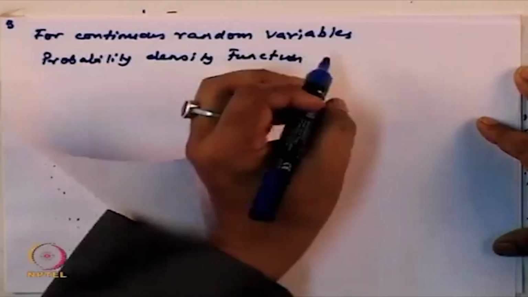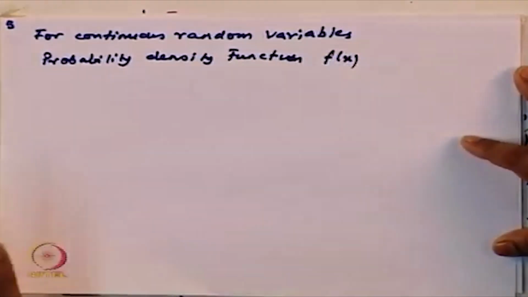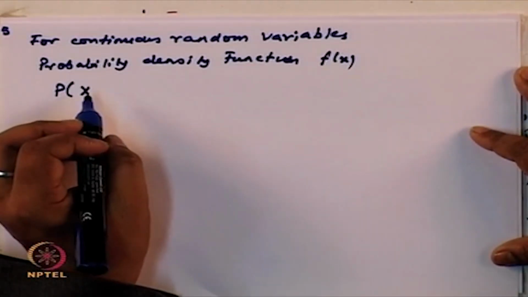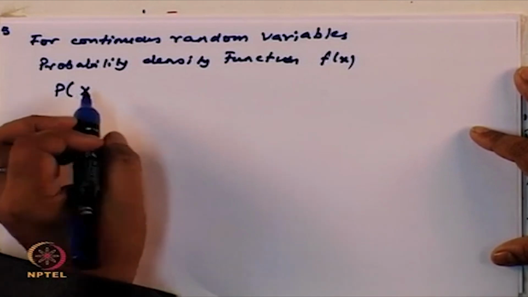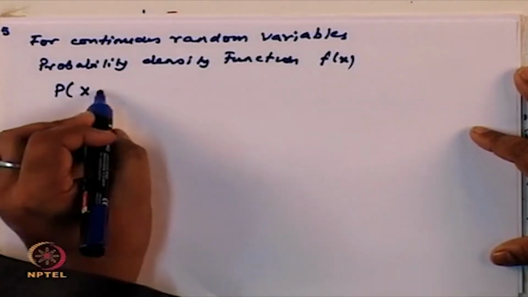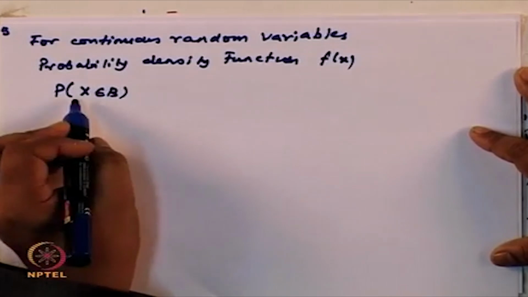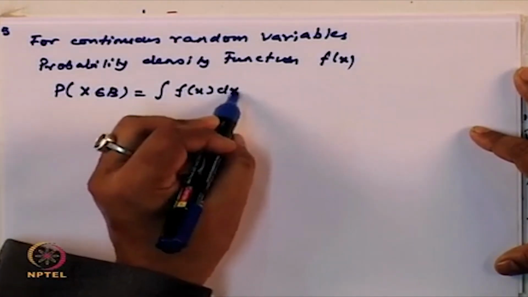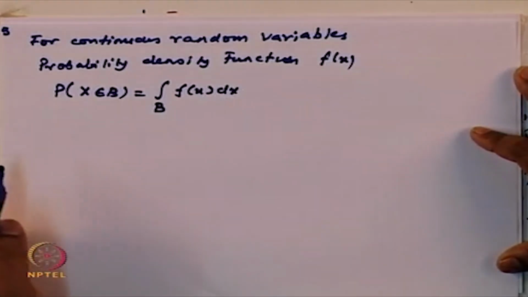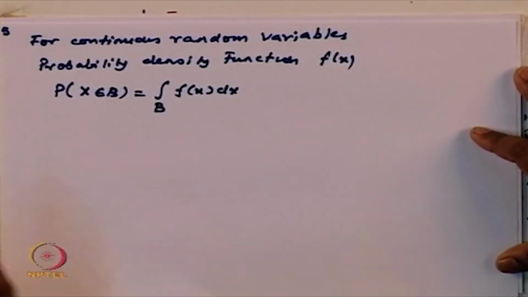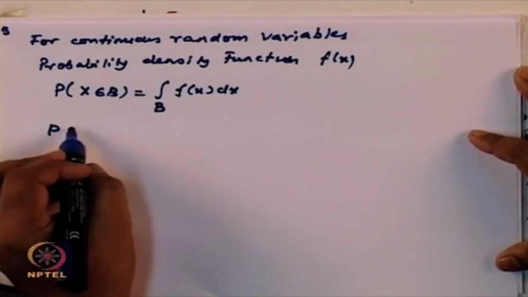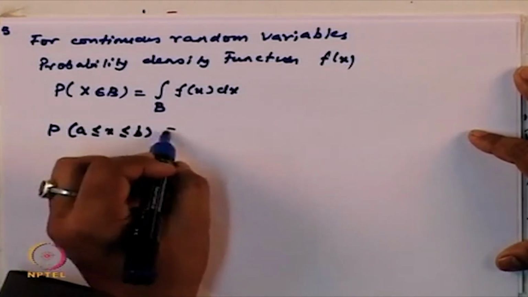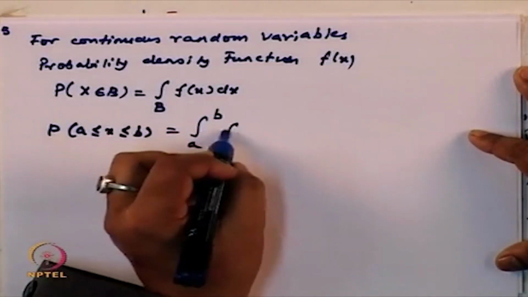Let us say it is indicated by f of x, and I define the probability of x belonging to some regime B as simply the integral of f x dx over this interval B. So, if you have probability of a less equal to x less equal to b, I will simply integrate from a to b f x dx.